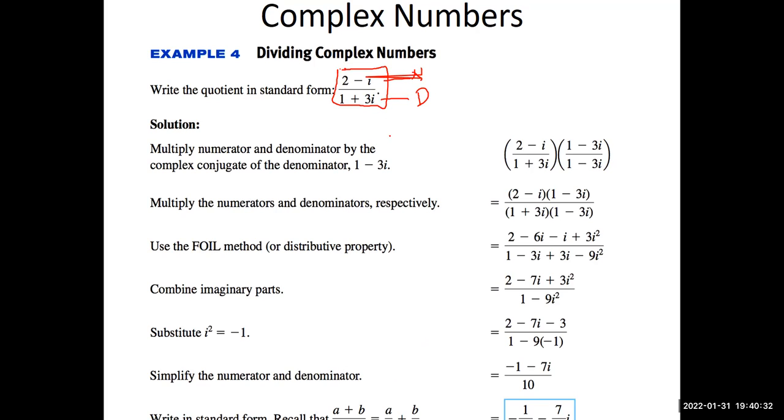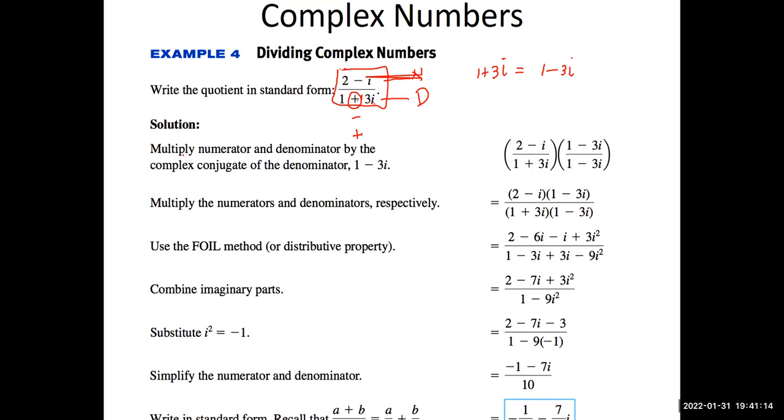When we say complex conjugate of the denominator, we change the sign in the middle. If it is positive, we make it negative; if it is negative, we make it positive. So the complex conjugate of 1 plus 3i is equal to 1 minus 3i. Are you following?